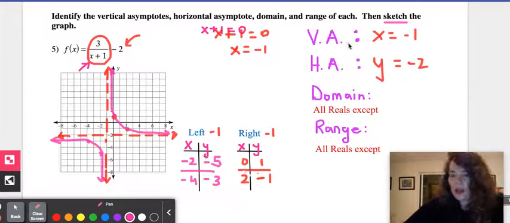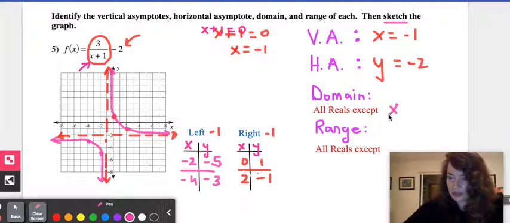Now, we have the vertical and horizontal asymptote already. Now to talk about domain. Well, the domain is all the possible x values, but we already said that x equals -1 will create an undefined situation. So we could say that the domain is all real numbers except x cannot equal -1.